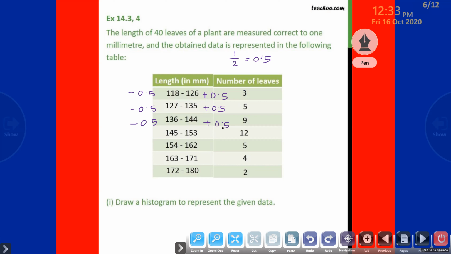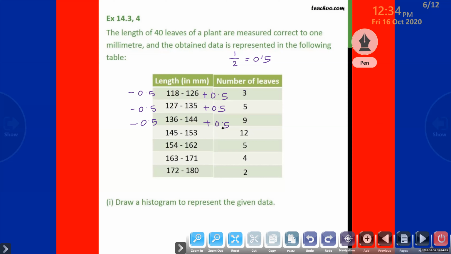So what will be your data? Will you tell it? What will be your data? Yes, children? Tell me what is the first one? 118 minus 0.5.